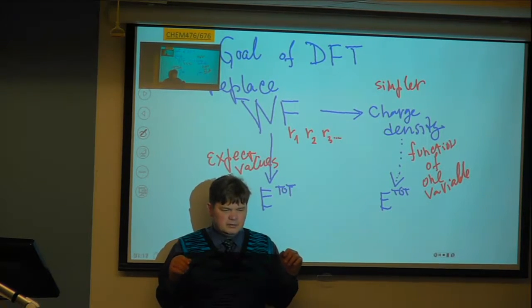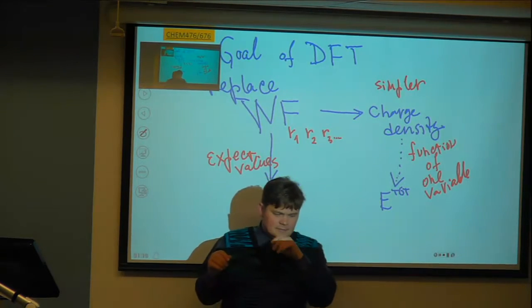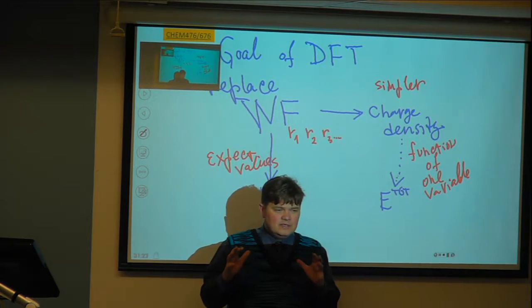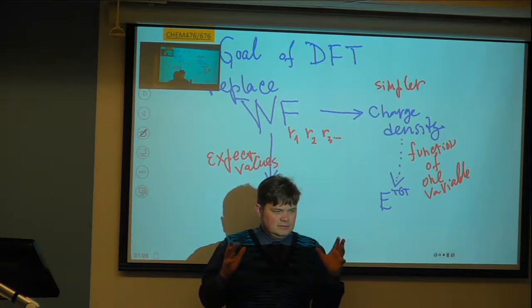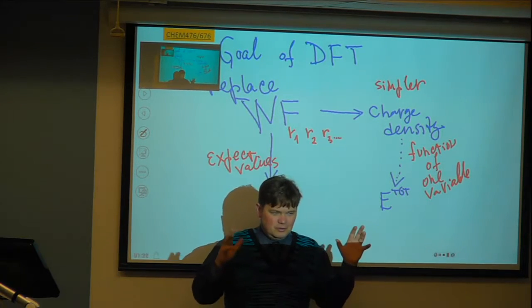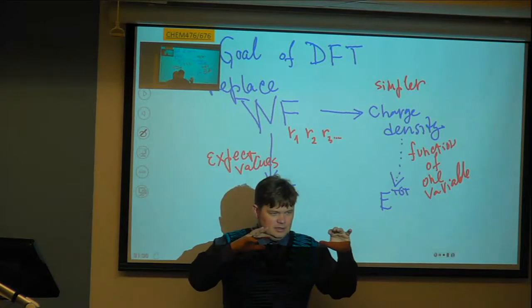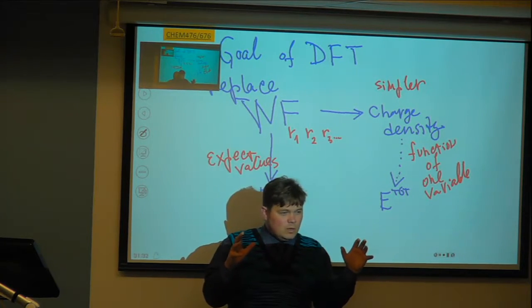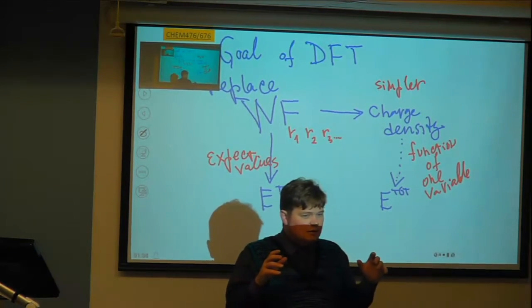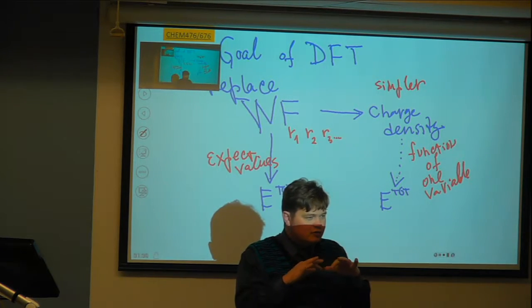There are theorems, and we will come to them, so that instead of this truly multi-dimensional, 100-dimensional or higher dimensional multi-electron wave function, one can formulate everything on the basis of a 3-dimensional distribution of charge density.